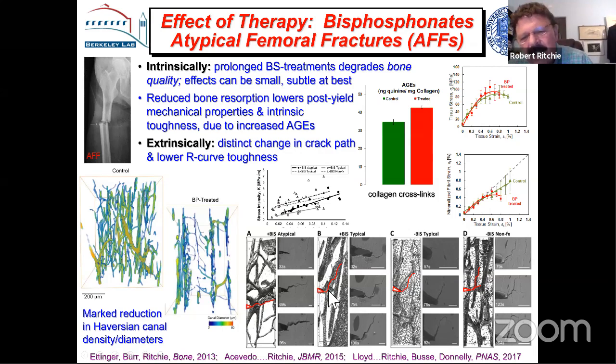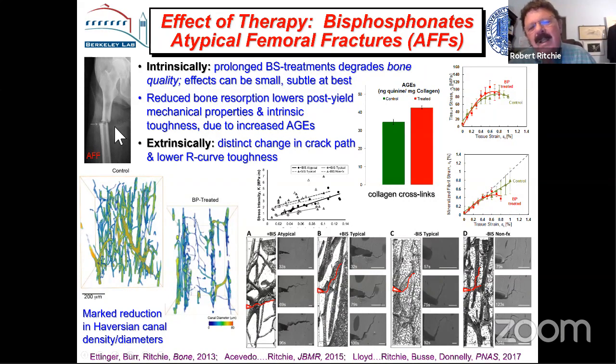The red here is the simulated image. So this is the non-bisphosphonated, or people who are not affected by it. You get this deflection, which is highly good for toughening, but in the people who are susceptible to this problem, the cracks just don't deflect at all. And you can see these are very clean fractures.